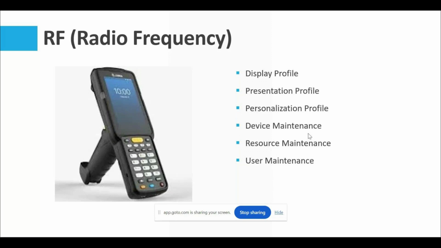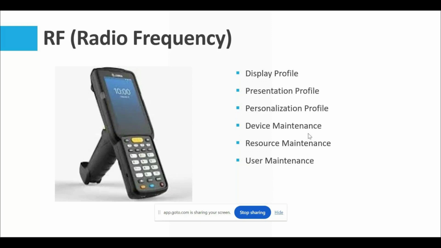Definitely, there is programming logic required to be written for RF application, but it's kind of a 70-30 ratio. 70% of RF application would be the configuration part, and 30% would be writing the processing logic. So this is the major difference for RF application in warehouse management and extended warehouse management. In extended warehouse management, it becomes easier because most of the RF application can be controlled through configuration.